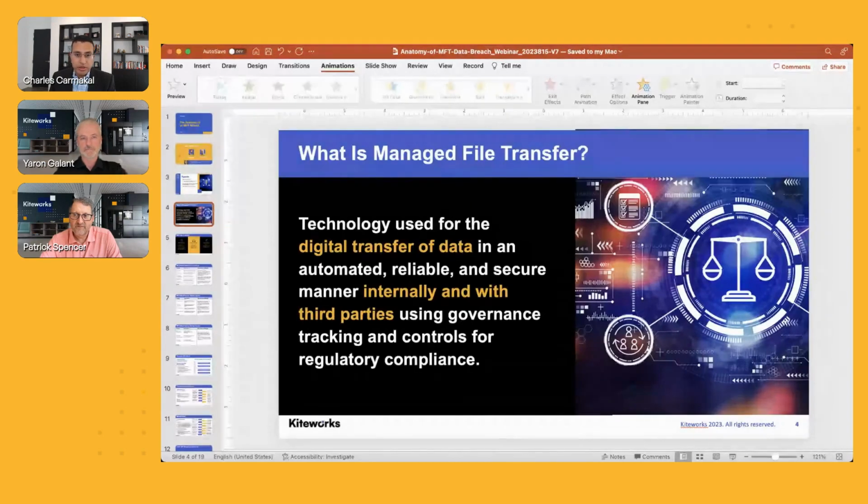But really what we're dealing with here is just the mass exploitation of a zero-day vulnerability in a number of different MFT products, and we'll talk about that in much more detail. I just wanted to clarify that, from our perspective, I wouldn't call these MFT breaches a software supply chain attack. I'd call them a mass exploitation event that has impacted a lot of organizations.